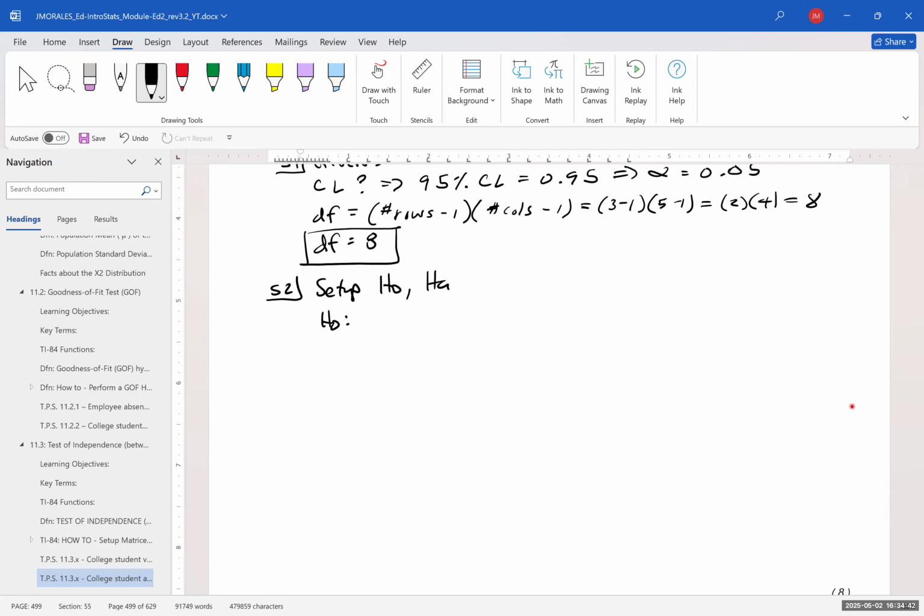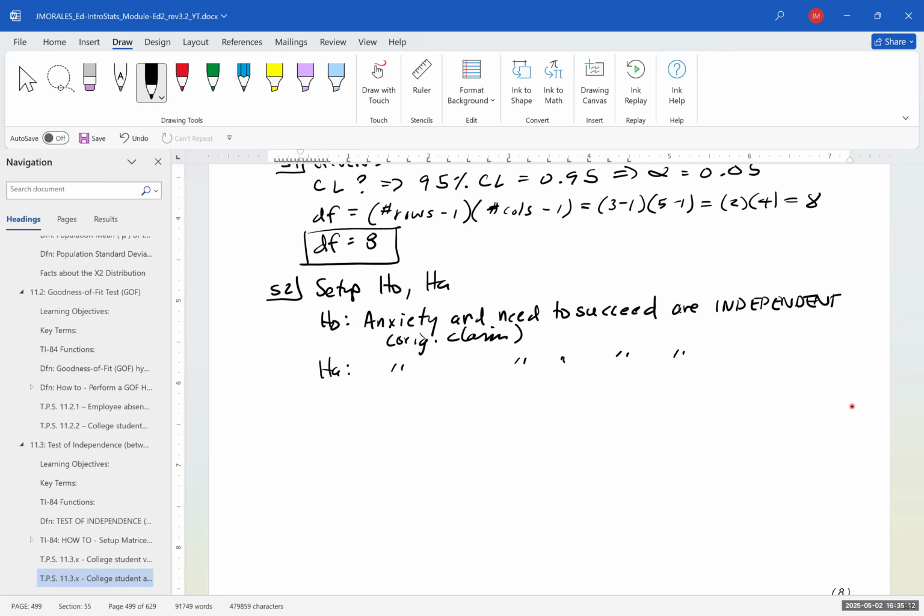The null hypothesis is that anxiety and need to succeed are independent. And that is our original claim. And the alternate hypothesis is that anxiety and need to succeed are dependent.